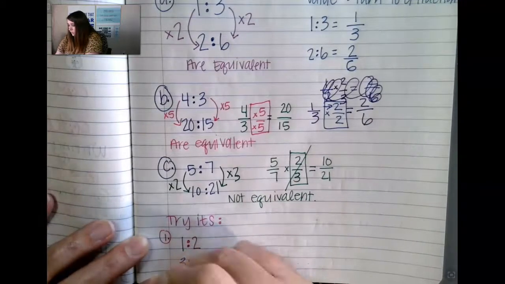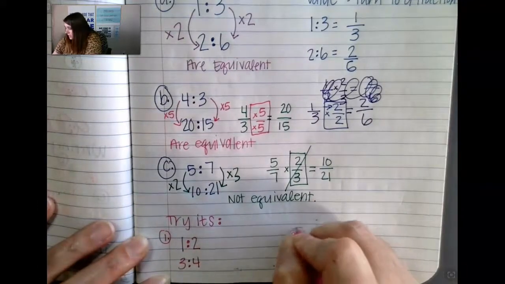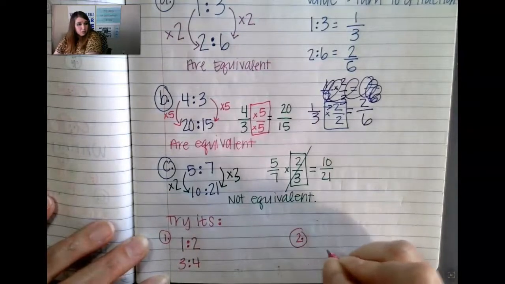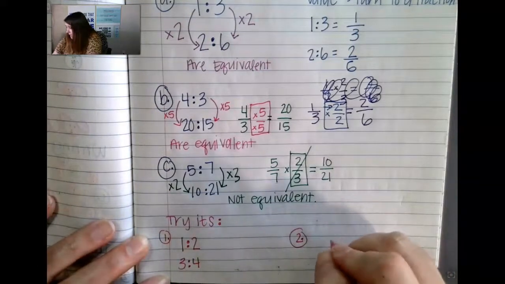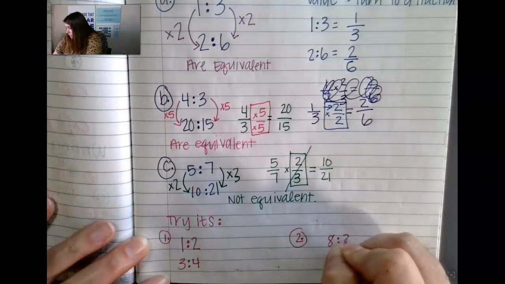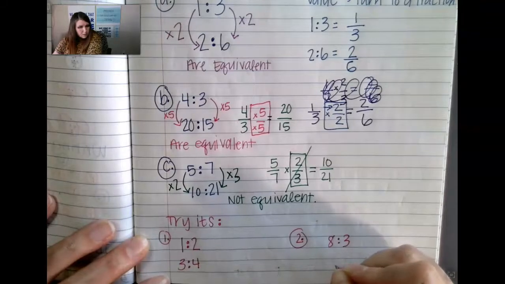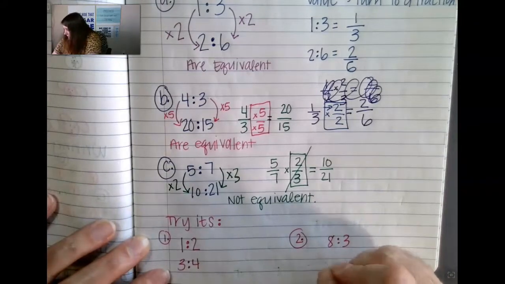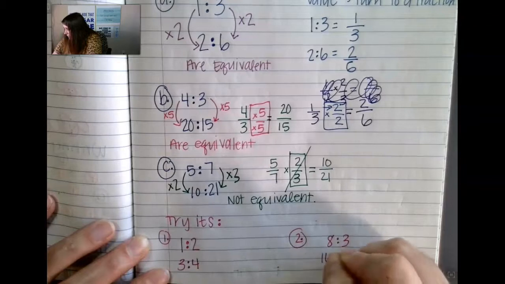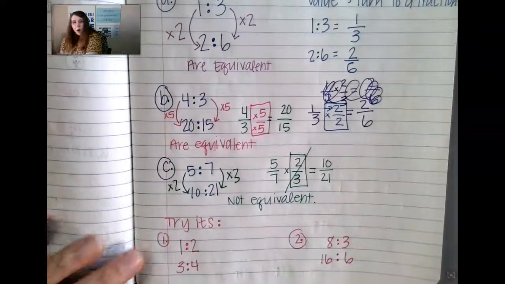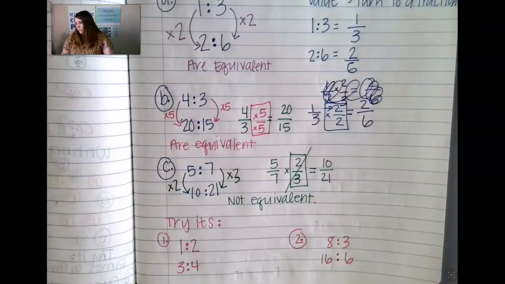Are these equivalent? And then the second try it I would like for you to do today is 8 to 3 and 16 to 6. Are these equivalent?